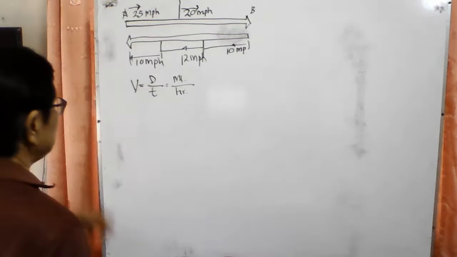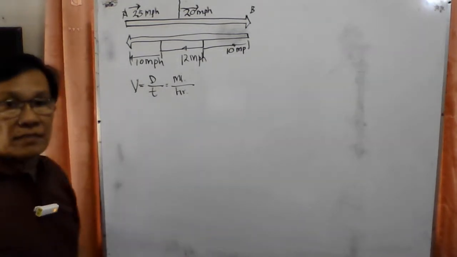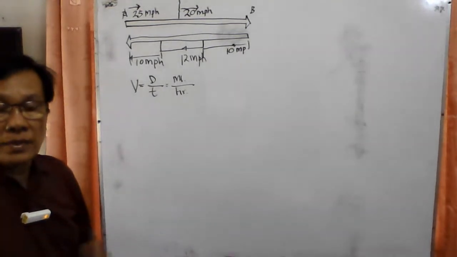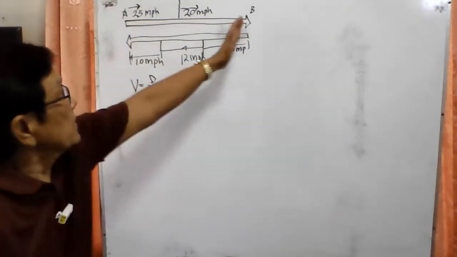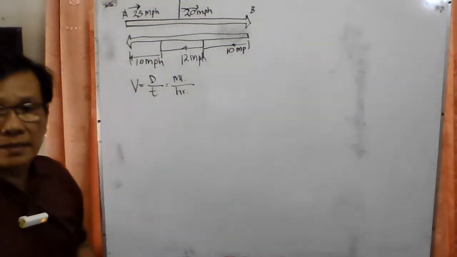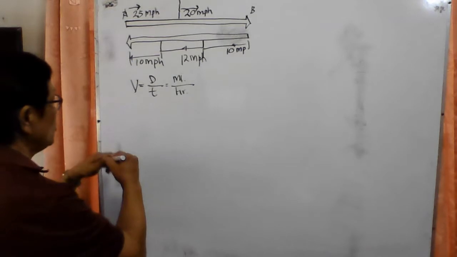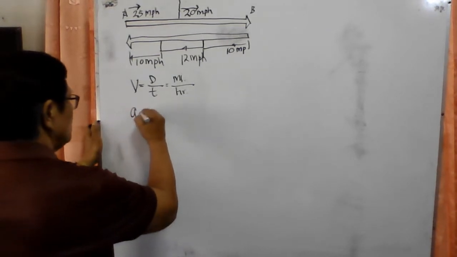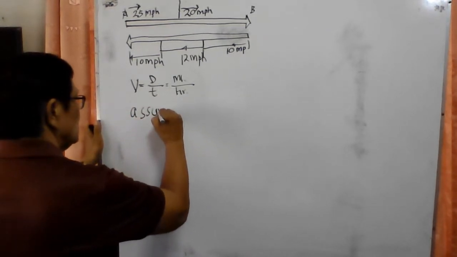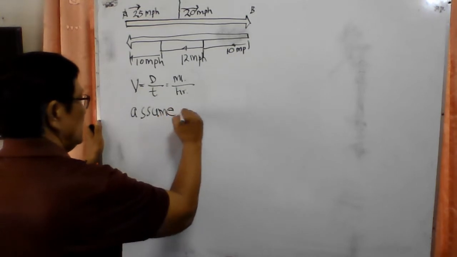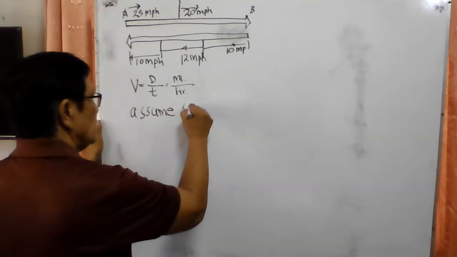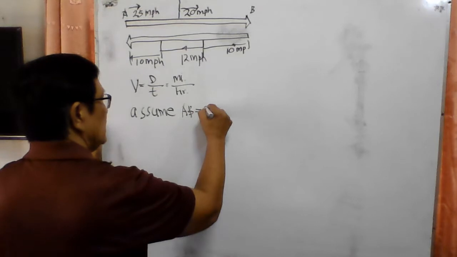Now, in order to solve this problem, we have to assume the distance from A to B. Let's assume distance AB equals 30 miles.